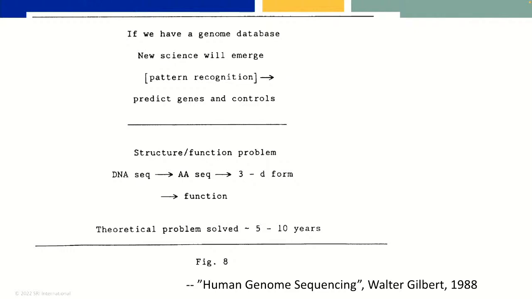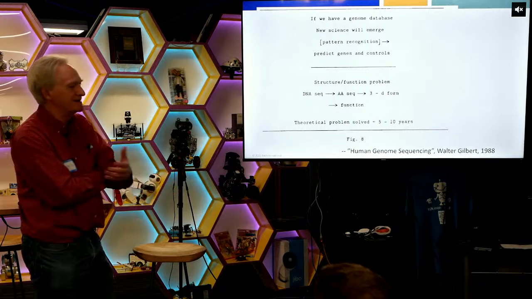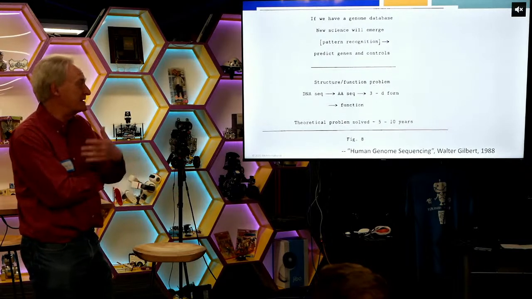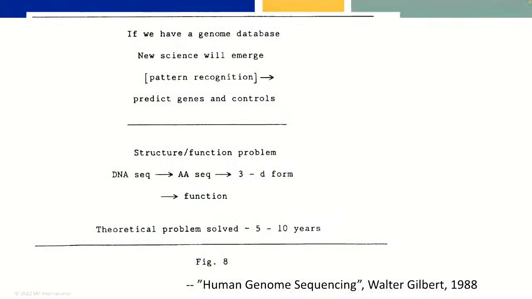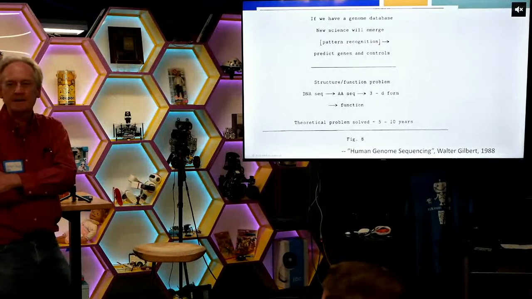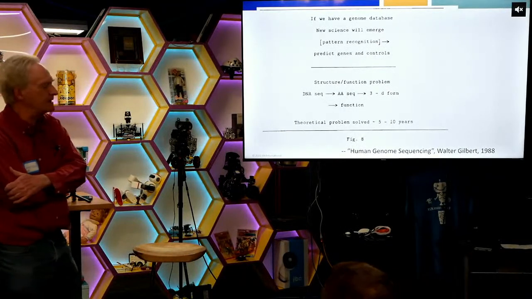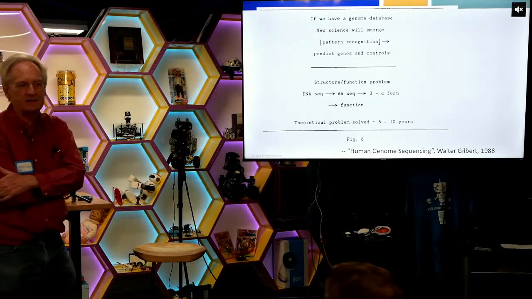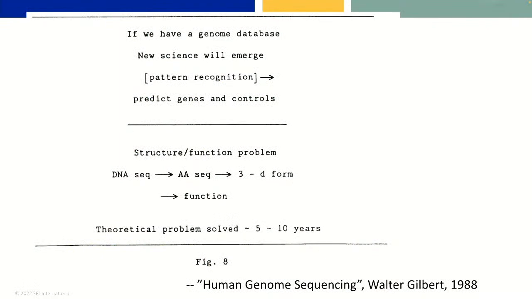And then he talks about the structure-function problem and says we're going to go from a DNA sequence to an amino acid sequence to a 3D form to a function. And that'll be solved in 5 or 10 years. Well, maybe 30. And maybe we can go to the 3D form now, but I'm not sure we can go to the function. I'd be curious about other people's thoughts on that, but maybe for a small fraction of the proteins. But so they were a little off there.